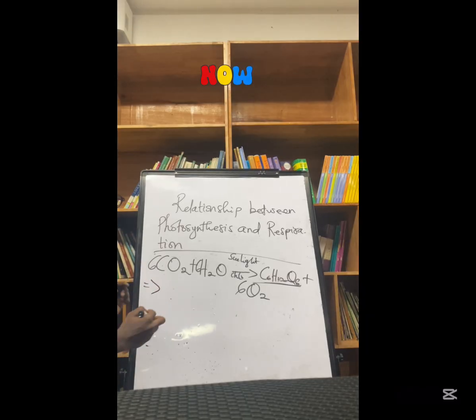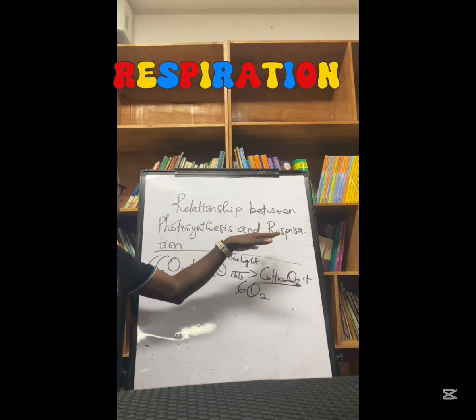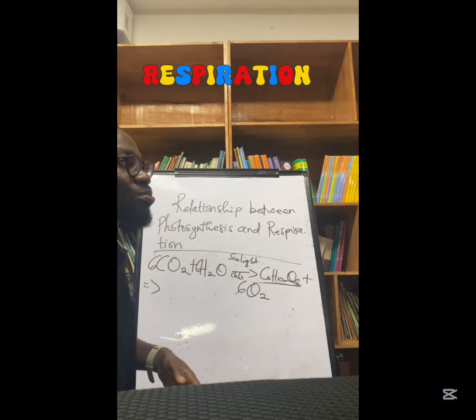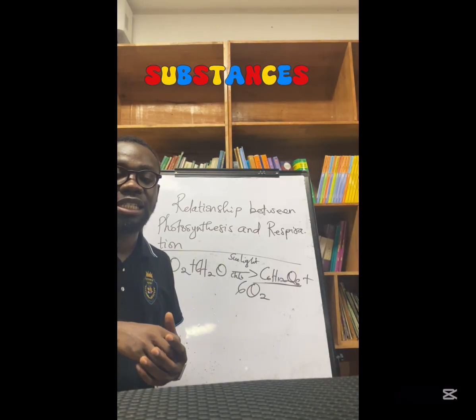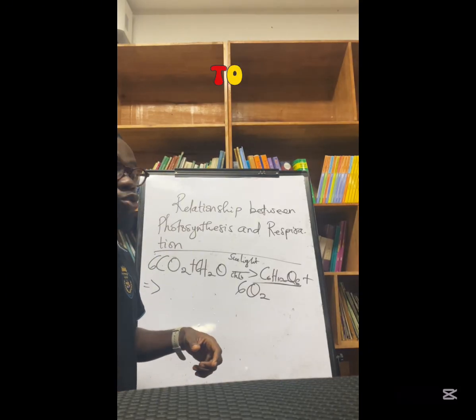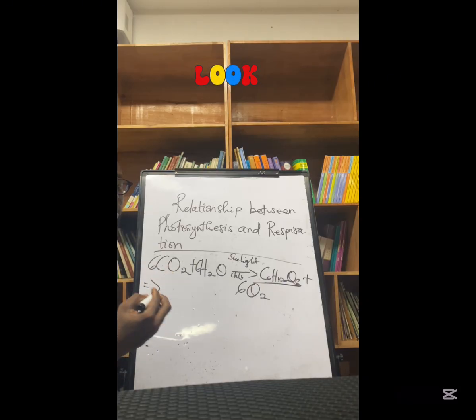Okay. Now, in another process, we want to know respiration as well. So let's define respiration. We say that respiration is the breakdown of complex food substances into simple forms with or without oxygen to produce energy. Okay, so therefore let's look at respiration in the presence of oxygen.